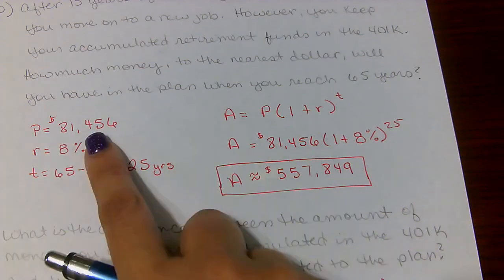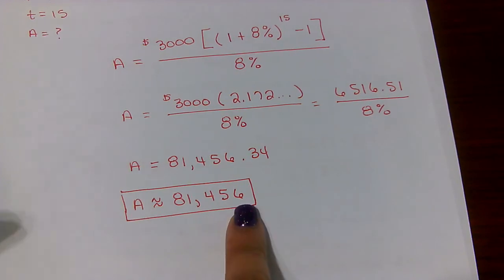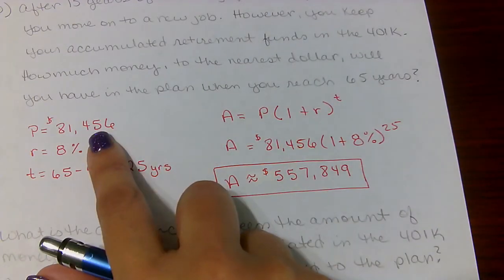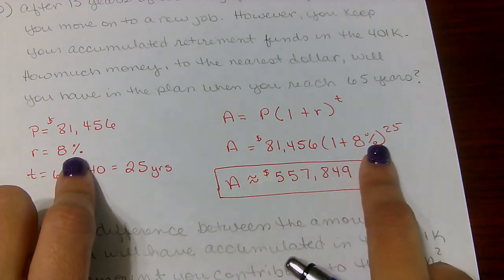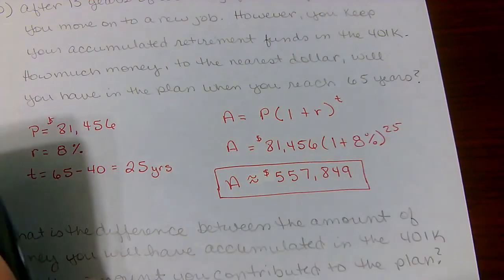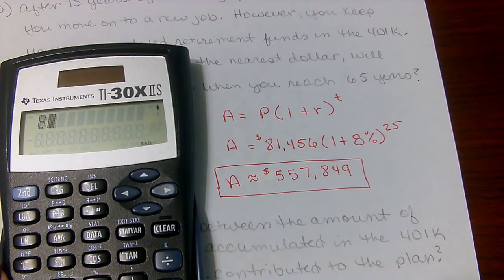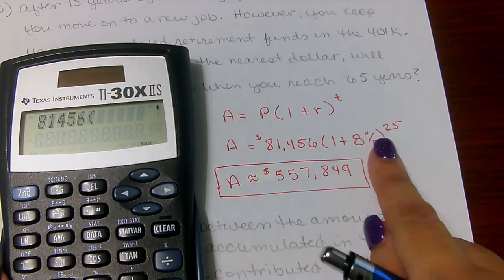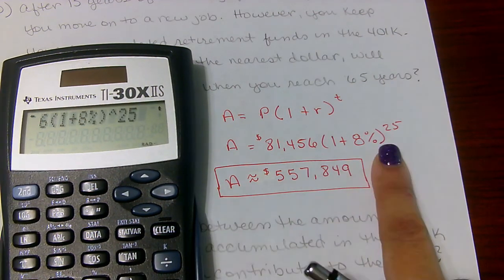I plugged in all the other values as stated. Our A is going to be the amount of money that we earned at the end of the first 15 years, so $81,456. Our rate is still 8%, and our time now is going to be 25 years. If I plug this into the calculator, I'm going to get 81,456, parentheses, 1 plus 8%, close the parentheses, and raise to the 25th.